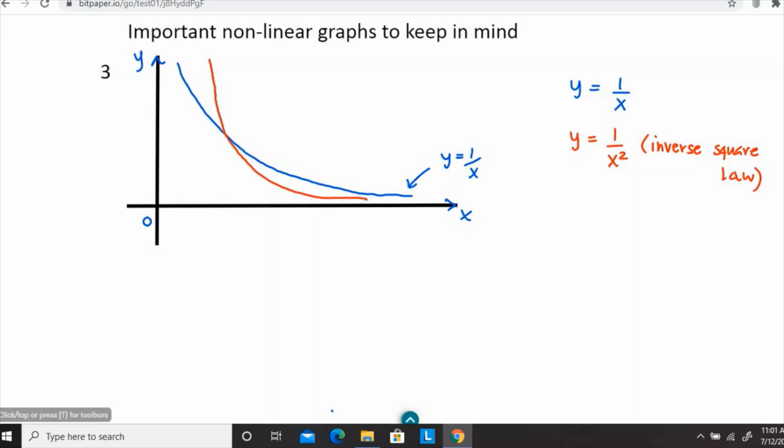So this is y equals 1 over x squared, and this intersection point is coordinate 1, comma 1. You can see compared to 1 over x, 1 over x squared becomes 0 very quickly. 1 over x will take some time to become 0, but 1 over x squared is much steeper and will reach 0 very quickly, decreasing much faster than the 1 over x function.